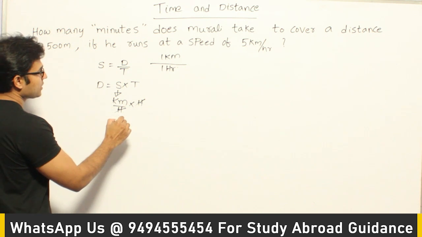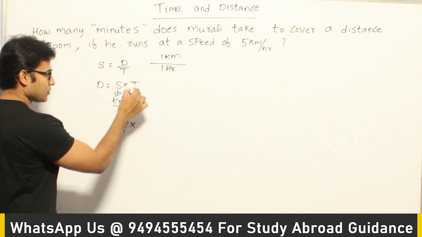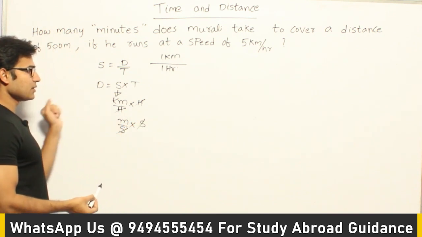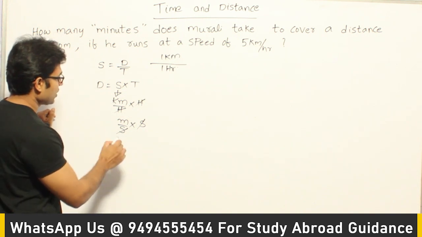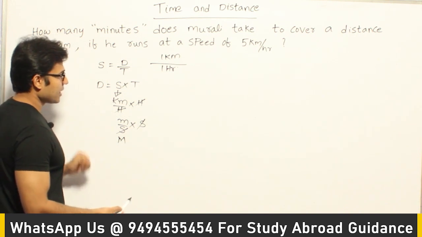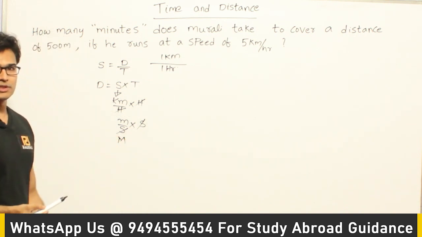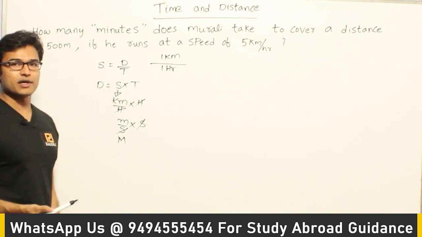Or if you take speed in meters per second and then you are supposed to take time in seconds, so you can cancel these two and you will get the answer in meters, right? Or sometimes they will also talk about miles. So the relationship between a mile and kilometer is this. In Western countries they will measure the distance in miles, so in that case they will measure the speed in miles per hour, right?